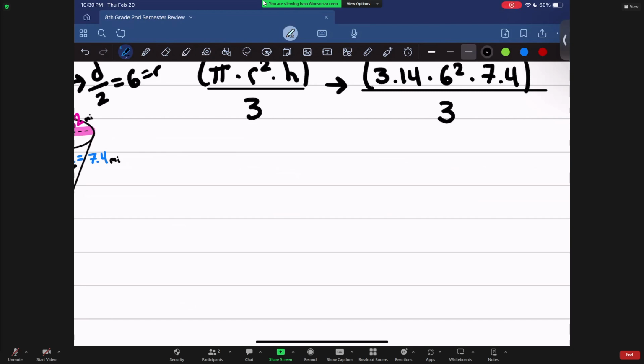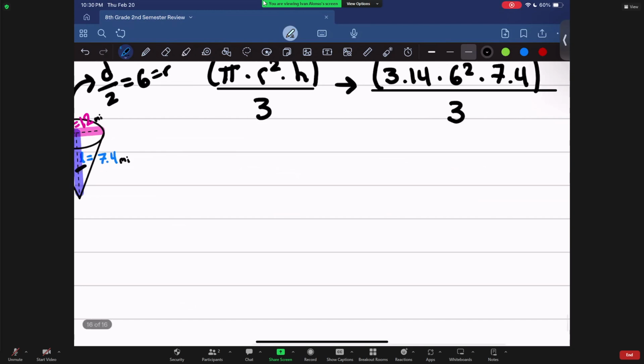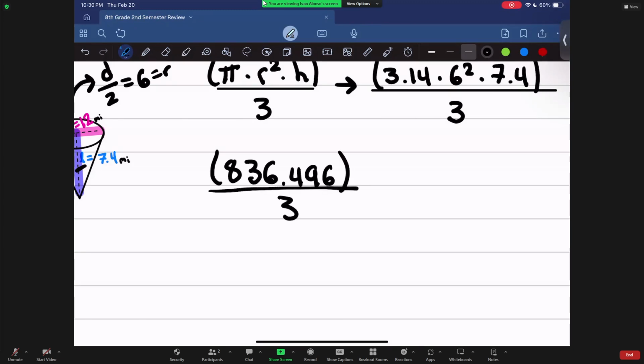I'm going to multiply this all out. And I'm going to bring it down here. Now, ideally, you would write this like next to that. But obviously, I ran out of space. But now I know that I should probably check this again if my answer was wrong at the very end.